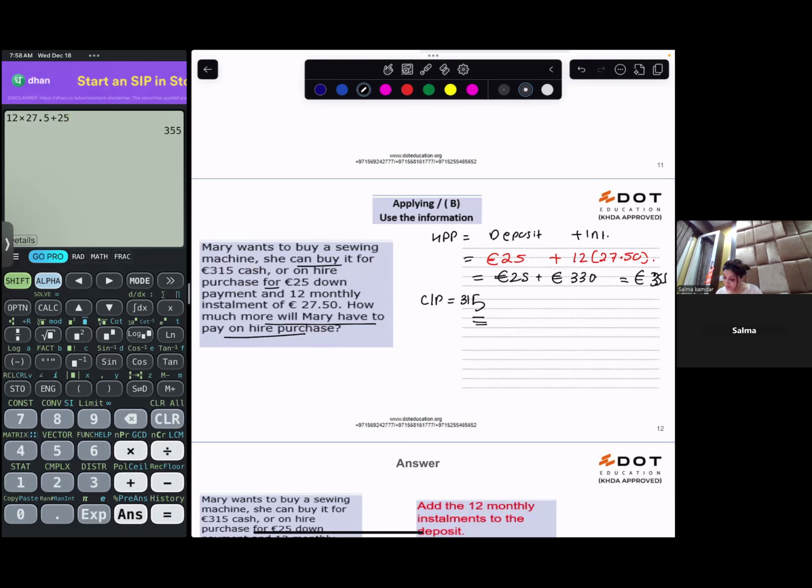So how much more will Mary have to pay on hire purchase? From 355, I am going to minus 315. Mary would have to pay 40 more on hire purchase.